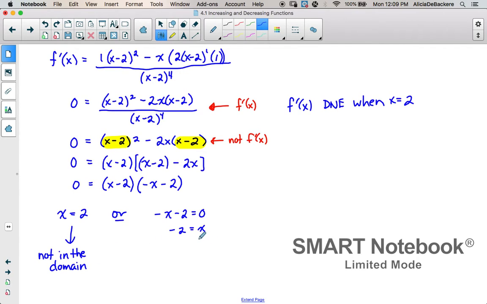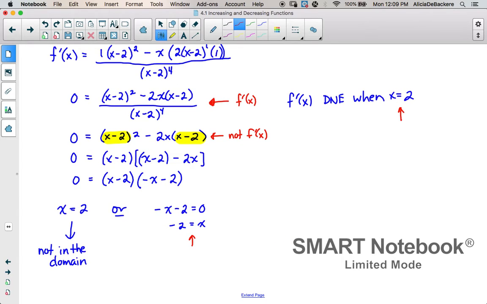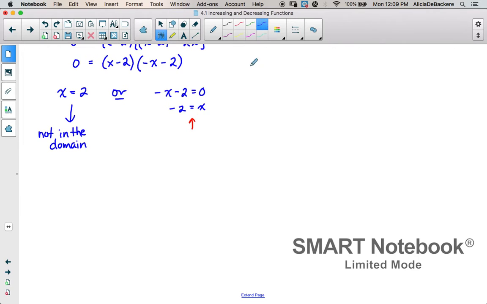So I have two values that I need to consider in my chart. I have x equals negative 2, and for my restrictions, I have x equals 2. So we're going to set up our table. Again, across the top, we're going to list out all those intervals. I'm always starting at negative infinity, and then I just start to list my values from smallest to biggest.